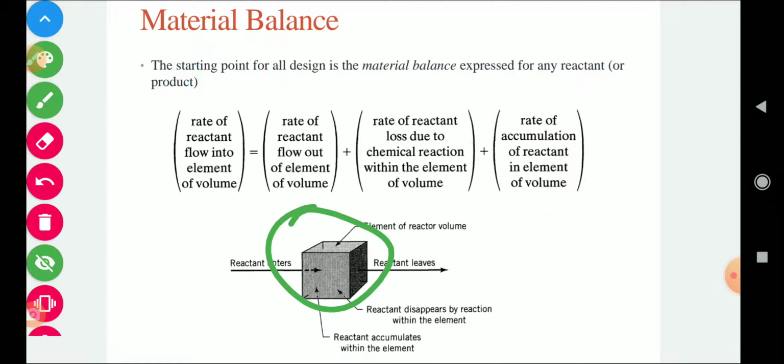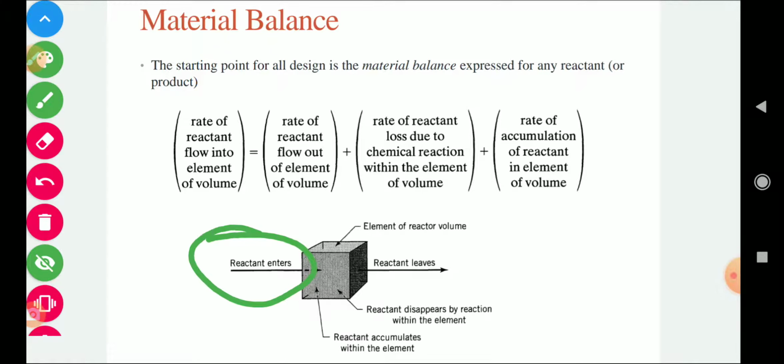For example, if this is our control volume, the rate of mass of reactant in will be equal to the rate of mass leaving the control volume plus the reactant disappearing by the chemical reaction.